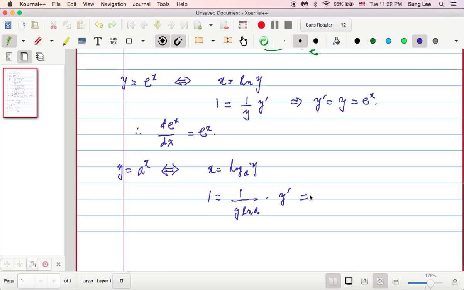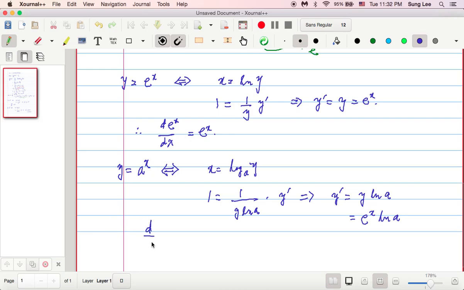So this implies that y prime equals y times ln a. So y equals e to the x, so e to the x times ln of a. Okay, so that's the derivative.